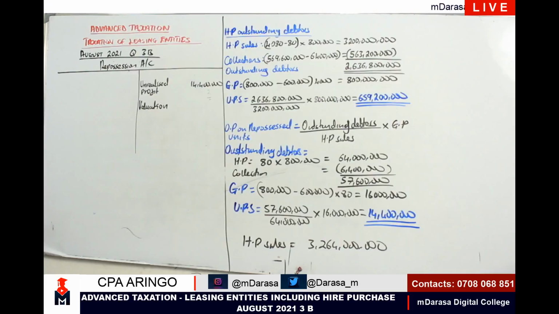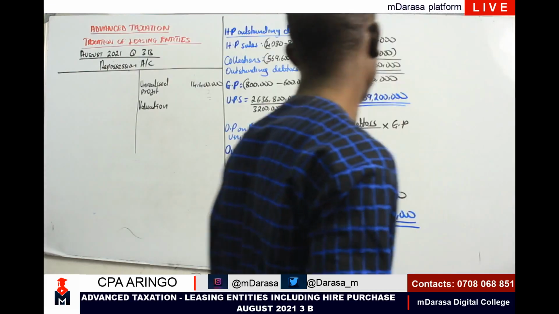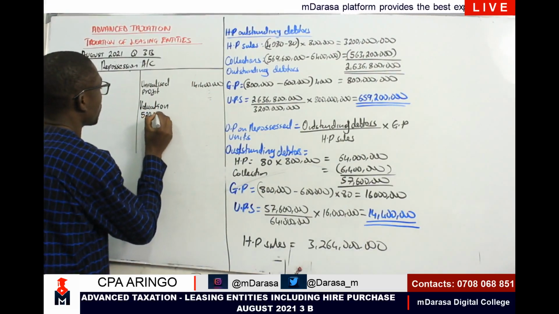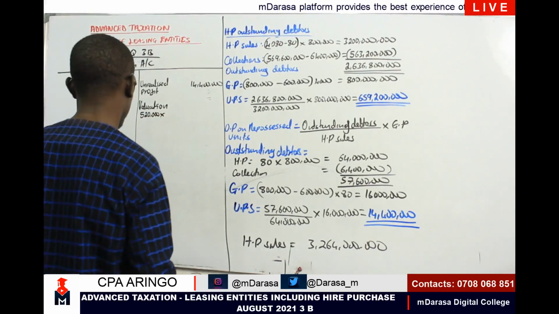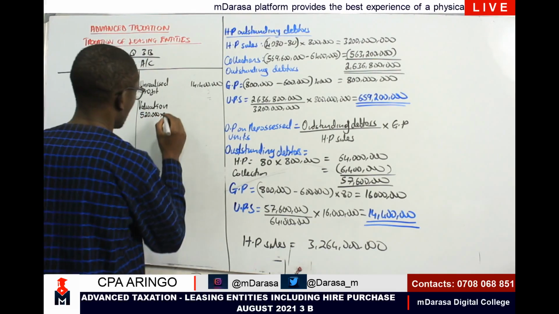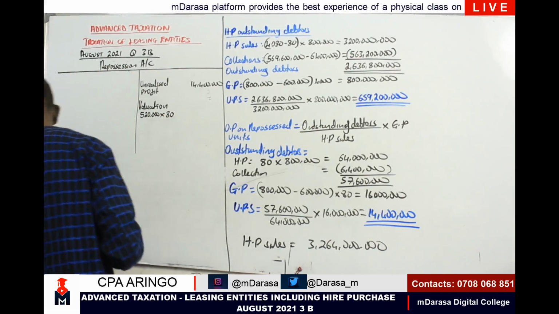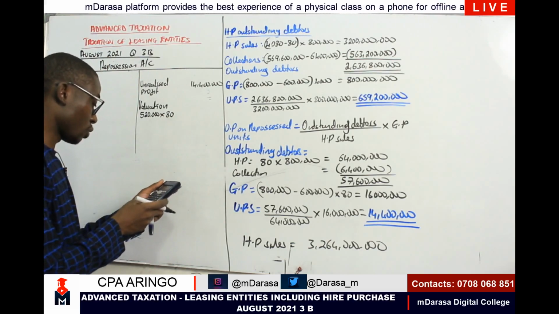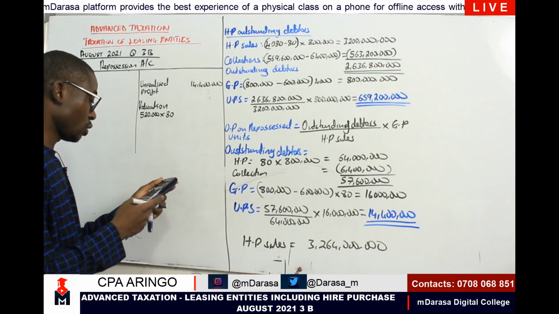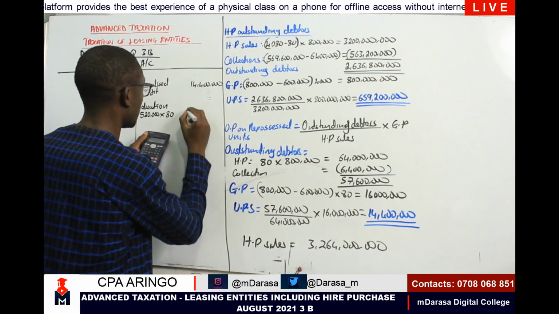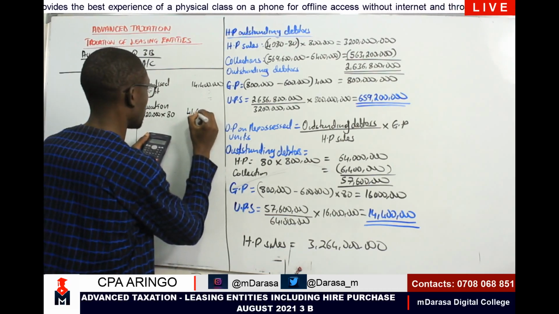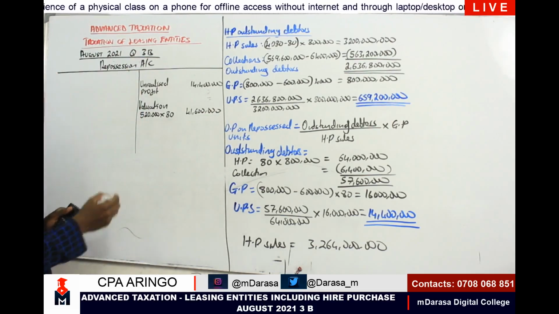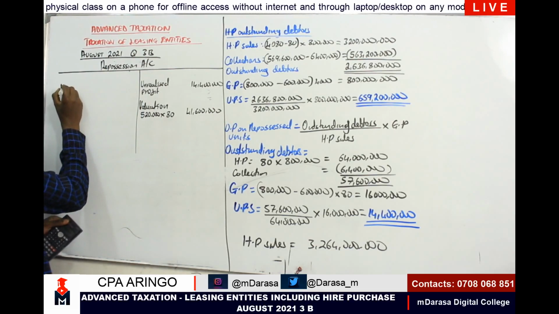So these goods can now realize only 520,000 each. We multiply that by the goods that were repossessed, which is 80. 520,000 by 80 should give us a figure of 41,600,000. Then consider our hire purchase debtors.